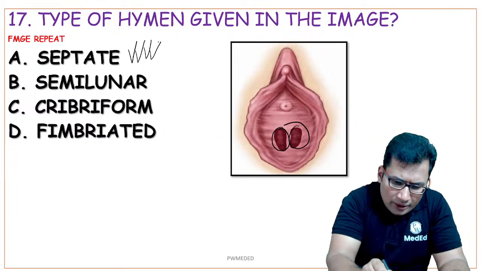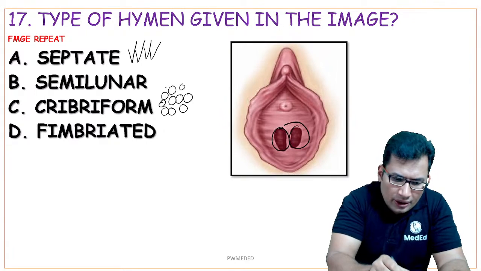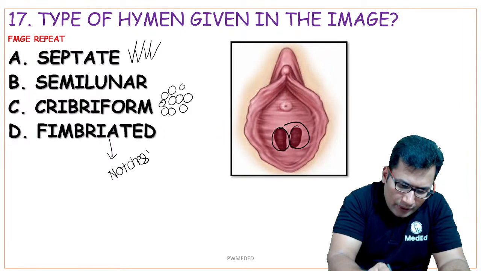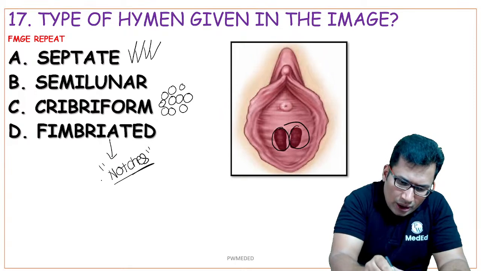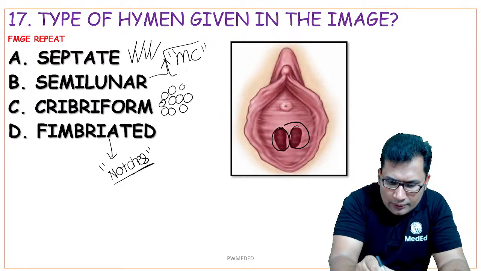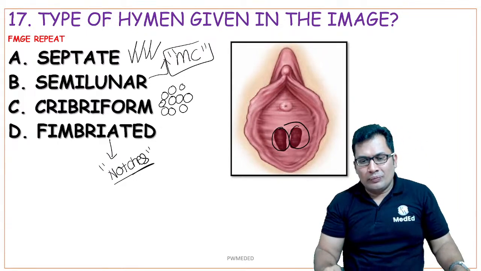In cribriform, there will be multiple openings, like this. In fimbriated, there will be notches. The most common type is semilunar. This can be asked in your exam.